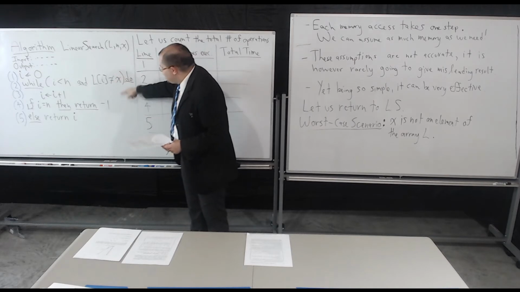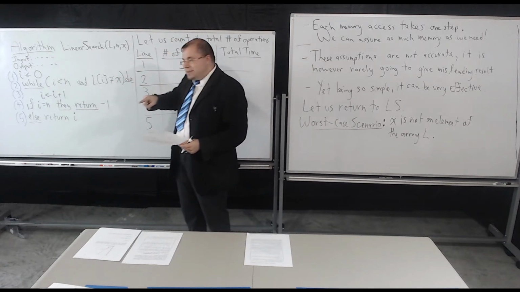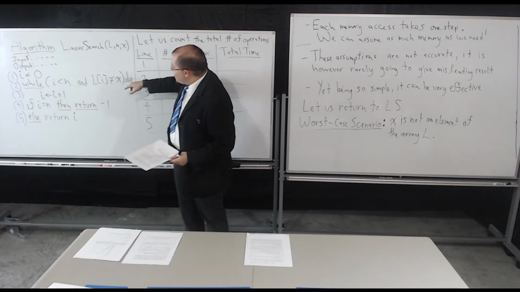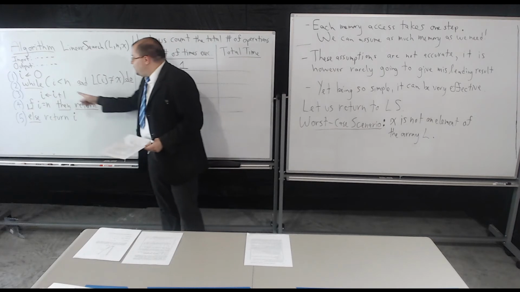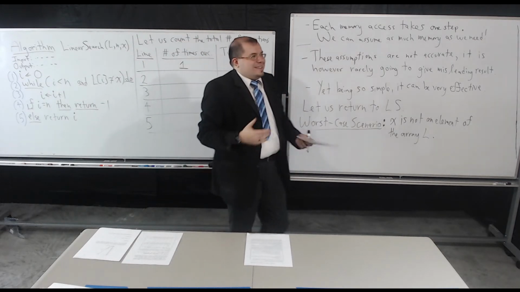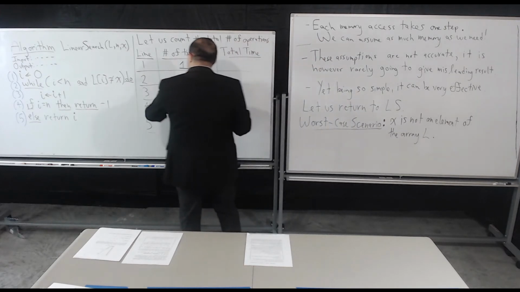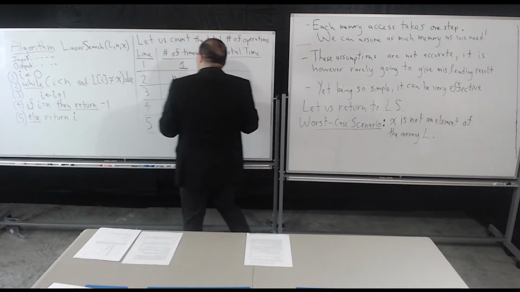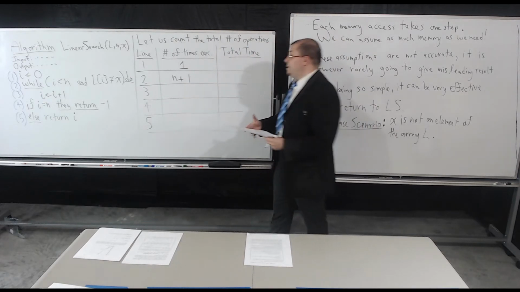It goes through n times, and then to escape out of the while loop, it has to check this condition one last time, right? And then it finds, hey, look, i is now n, and it says n is less than n, which is false, so it breaks out. So how many times? It's n plus 1. That extra 1 is for checking the condition of the while loop to break out of the while loop, right?